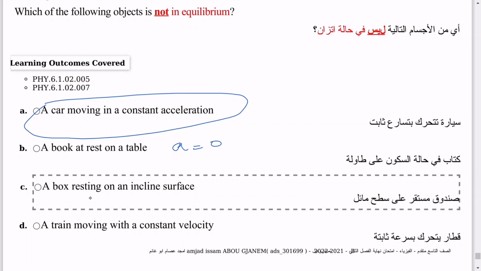A box at rest, acceleration is zero, in equilibrium. An object moving at a constant velocity, acceleration is zero, in equilibrium. If any object is accelerating, it will not be in equilibrium. So a car moving with constant acceleration is our answer to this question.